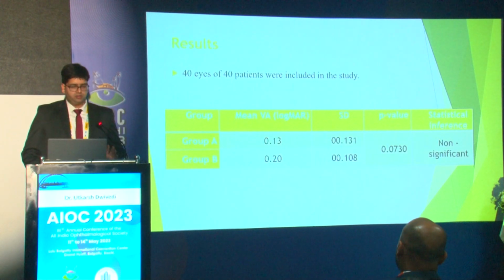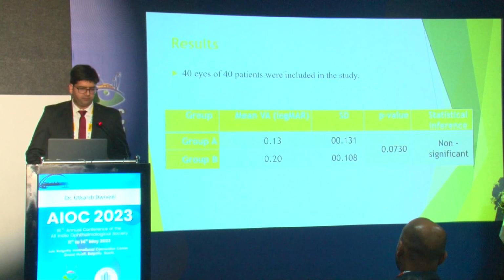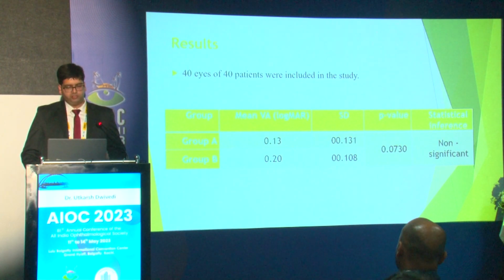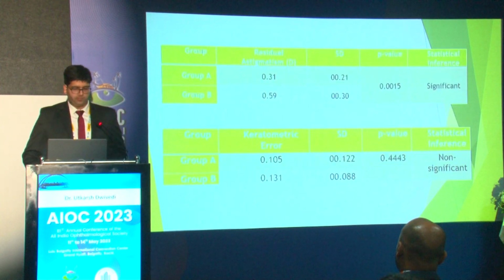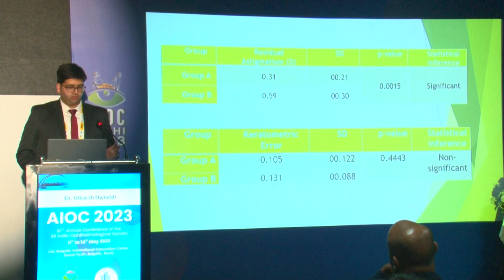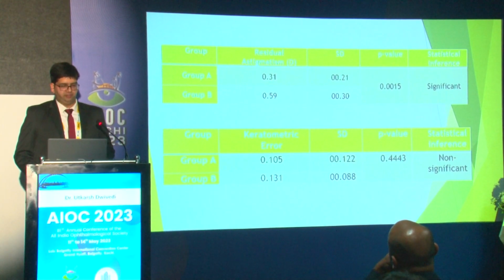In the results, 40 eyes of 40 patients were included. In group A, that is IOL Master 700, mean visual acuity was 0.13 logMAR, and in group B, that is manual keratometry, it was 0.20 logMAR, and the statistical inference was non-significant. In terms of residual astigmatism, in the IOL Master group it was 0.13 diopter, and in group B it was 0.59 diopter, which was statistically significant.